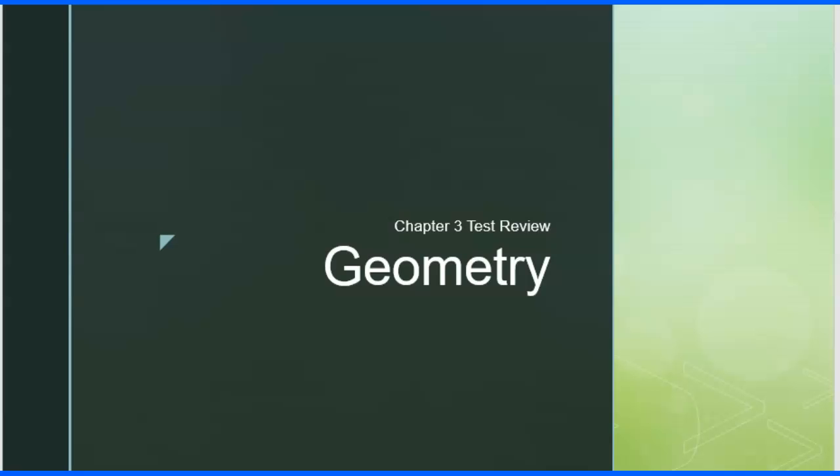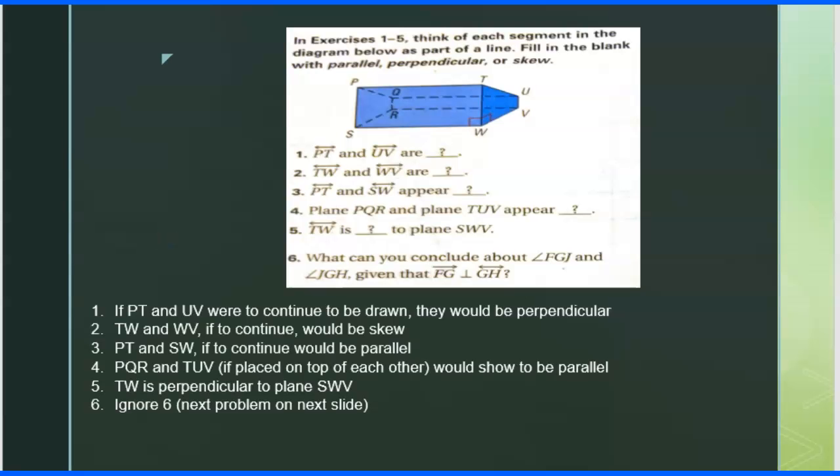Okay, so let's start with the first problem. It's actually the first 5 problems. When I did a screenshot of this, I pulled in question 6, and it's actually on the next slide. Exercises 1 to 5 say to think of each segment in the diagram below as part of a line. Now that would mean that the line would keep going.